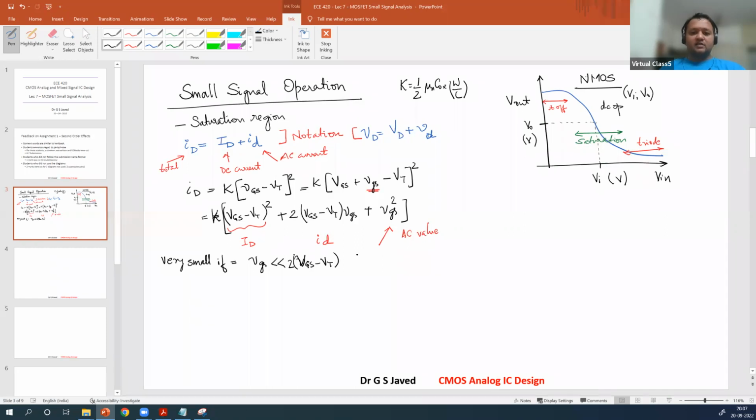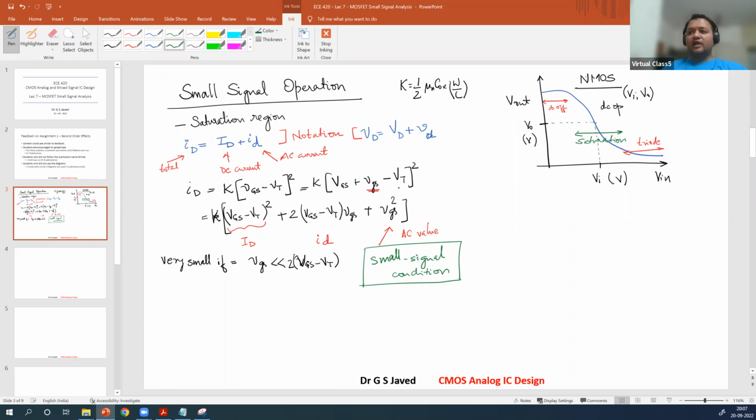Now this is what we consider or call as small signal condition. All our analyses are relative to this condition. Small vgs is very less compared to 2 times VGS minus VT. This is called a small signal condition.